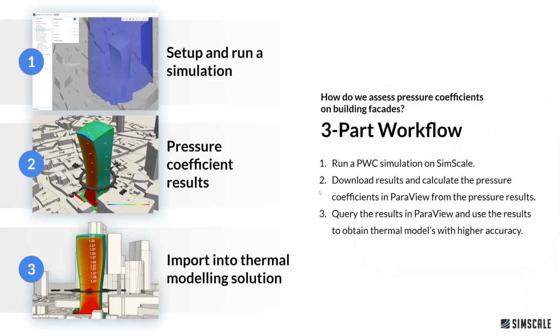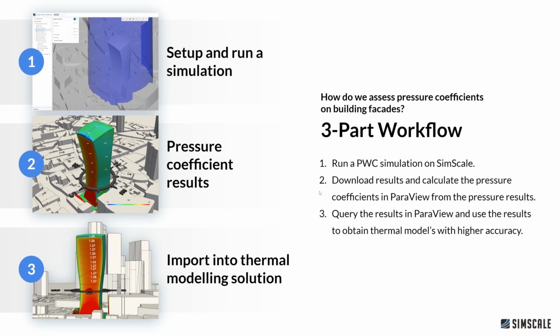So yeah, exactly what Nagman said. How can we then obtain a more accurate pressure coefficient for you to use in your thermal modeling? We've got a three-part workflow here at SimScale where we can guide you through how to get these pressure coefficients. The first step is obviously to run a CFD simulation. We're going to go into that in detail, but actually it's quite simple, especially on our pedestrian wind comfort analysis tool.